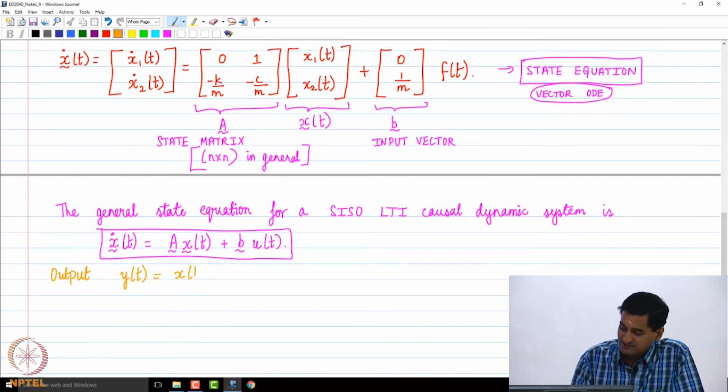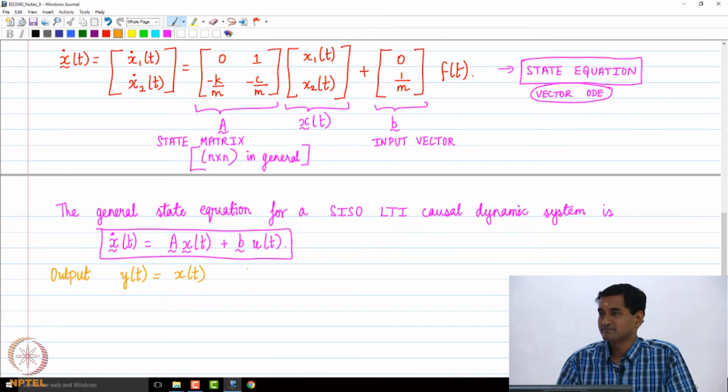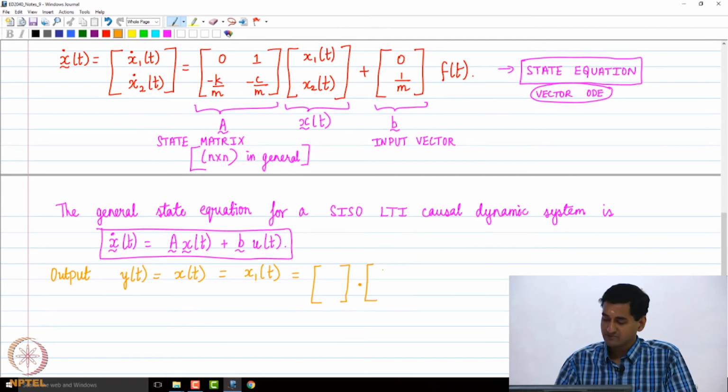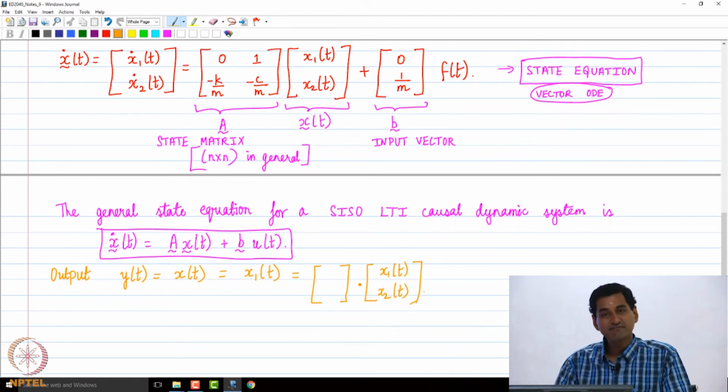For our example, the output is a displacement x. So, what is x in terms of the state variable? It is x1, correct. So, how can I get x1 from the state vector? In this example, my output is a displacement x, which is the first state variable.